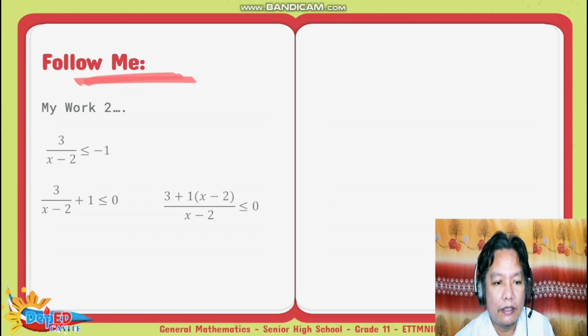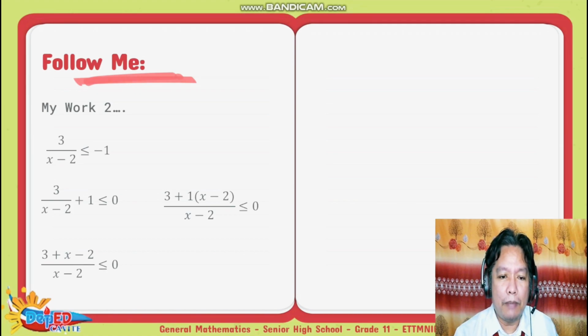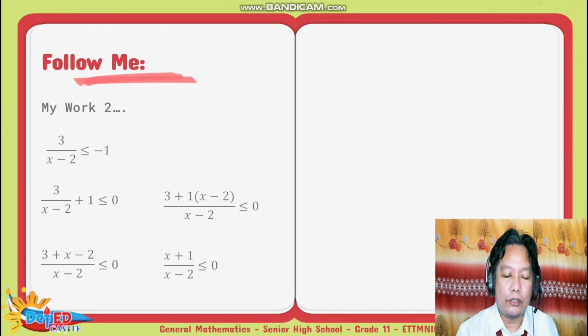And then, 3 plus x minus 1 all over x minus 2 is less than or equal to 0. And then 3 plus 1, x minus 2 over x minus 2 less than or equal to 0. x plus 1 over x minus 2 less than or equal to 0.